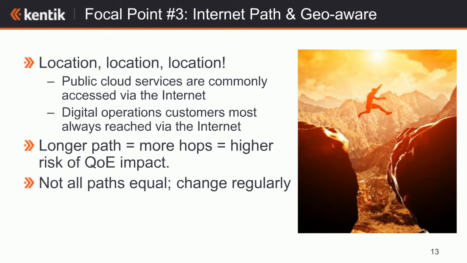And here's the reason: not all paths across the internet are equal, and they do change regularly. So this is part of why internet routing protocols like BGP exist, to handle and balance and try to optimize the traffic going across the internet for the greater good. Well, sometimes those optimizations work for most, but not for you.